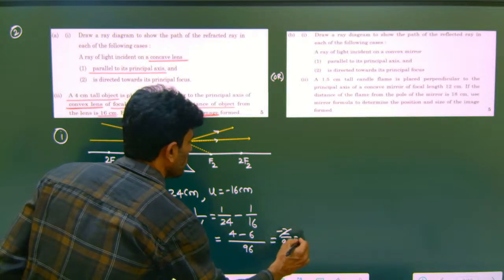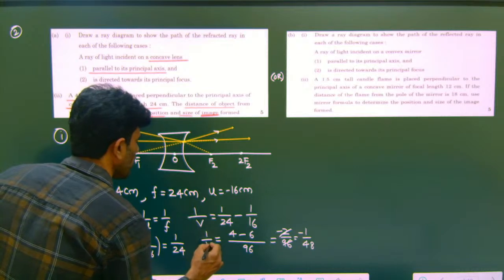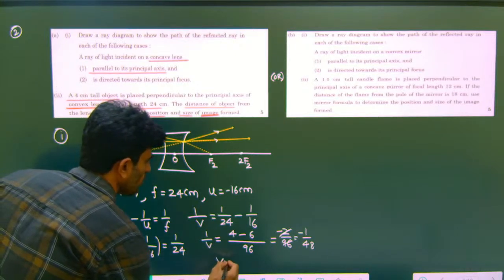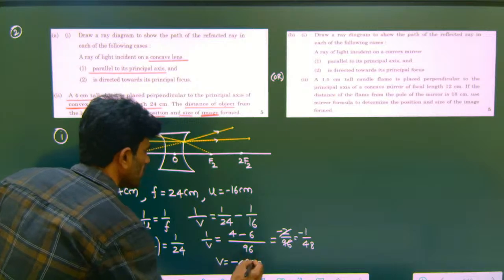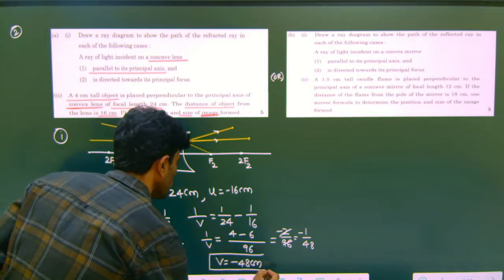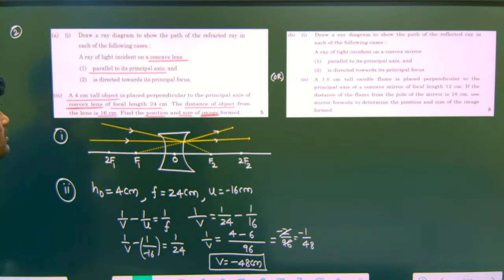After cancellation, minus 1 by 48. So this is 1 by V. Then V is equal to minus 48 centimeters. Hope you understood this. This is the image distance.